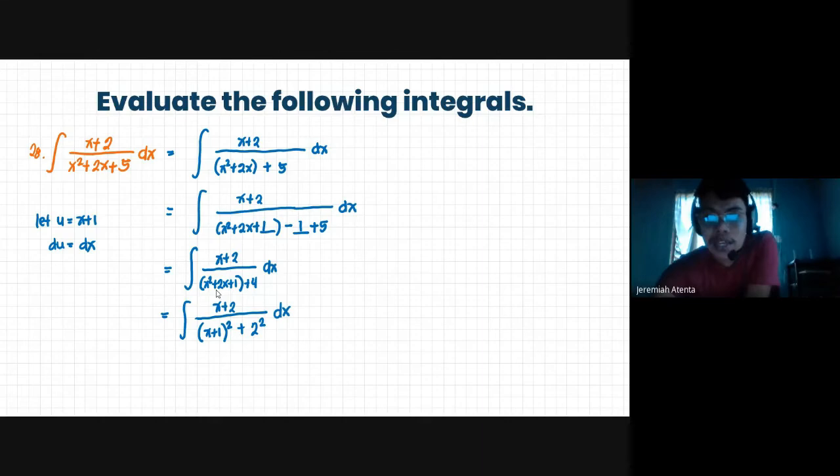So, we will do something such that if you are going to integrate this one, medyo hindi siya mahirap na. Okay? So what do you think yung gagawin natin? Any idea?